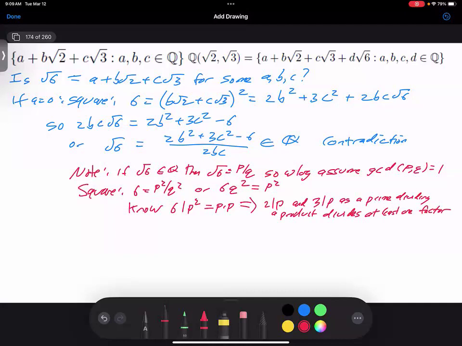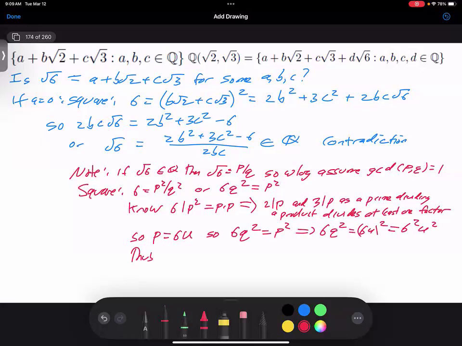So we know that P squared is a multiple of 6, so P is a multiple of 6. So I can write P as 6 times U. So 6Q squared equals P squared becomes 6Q squared equals 6 squared U squared.